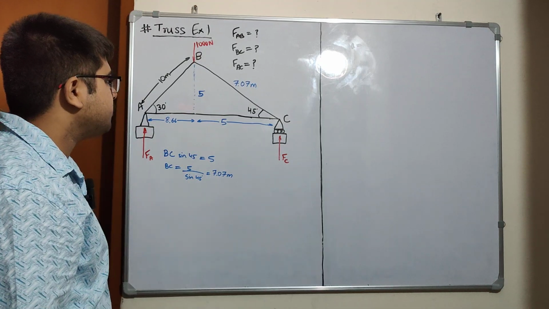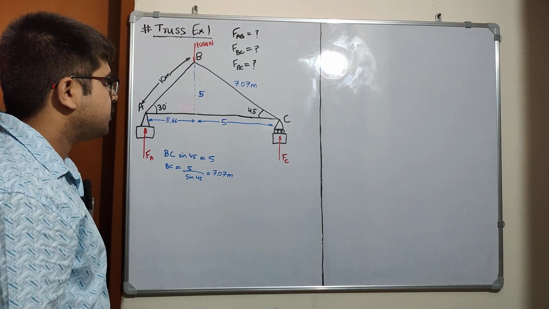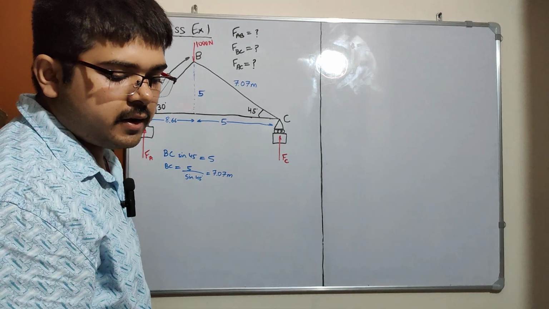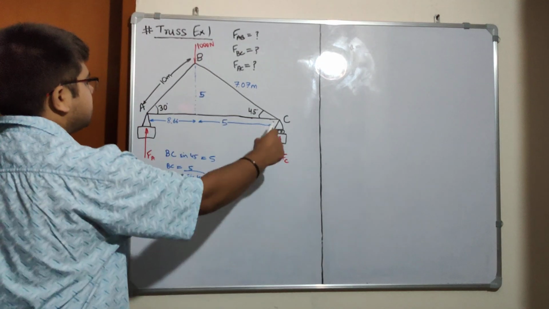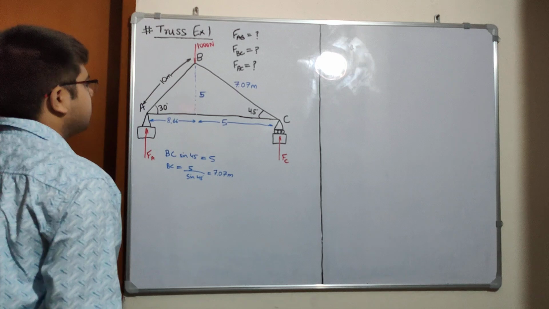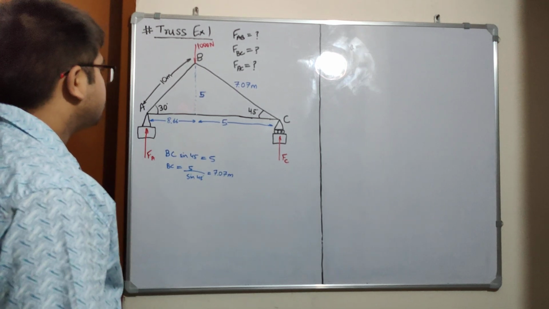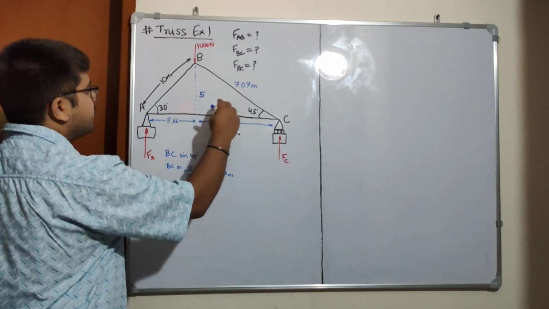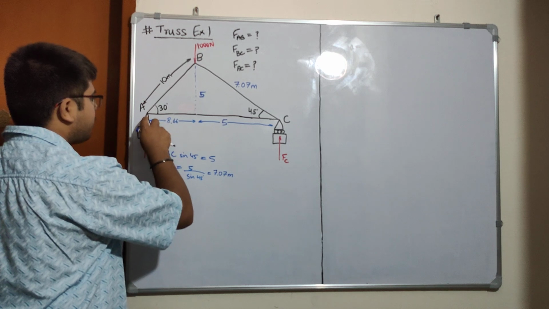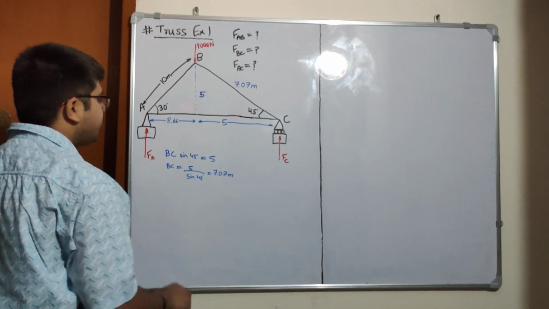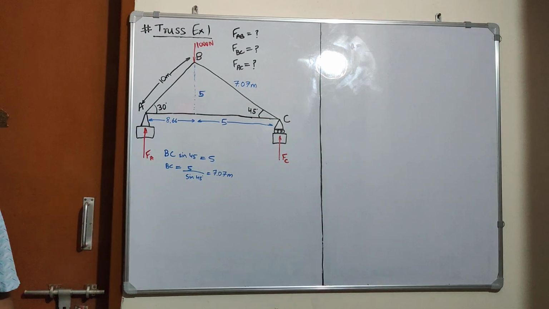Now let's move on to the torque equation. Because this is a rigid structure, if we take the torque about point A for the whole system, it would be equal to 0.